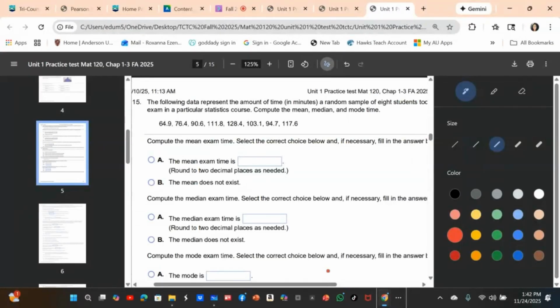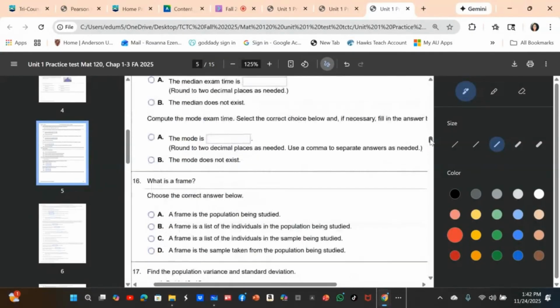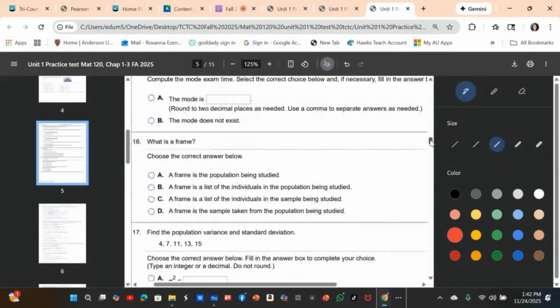Is there any repetition? If they ask you the median, it is the number in the middle, and so on. So you will put the data in L1.